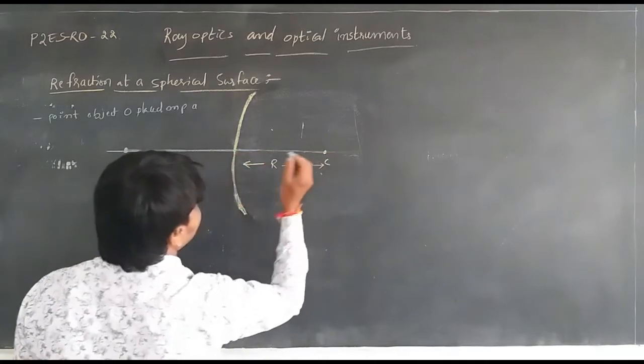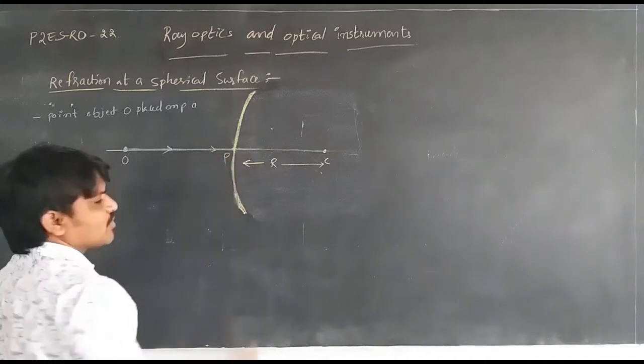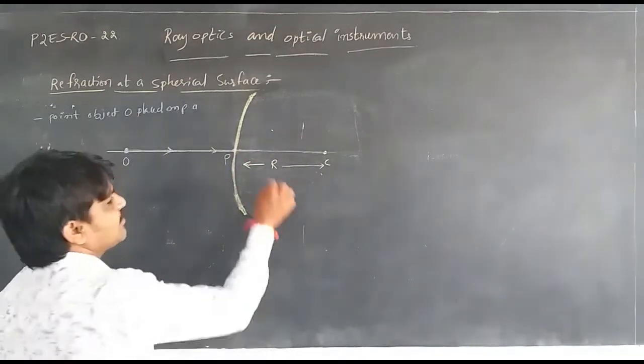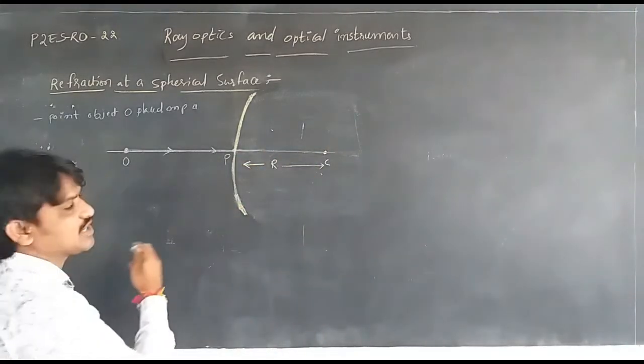A ray incident along the principal axis passes through the pole without any deviation, moving along a straight line.